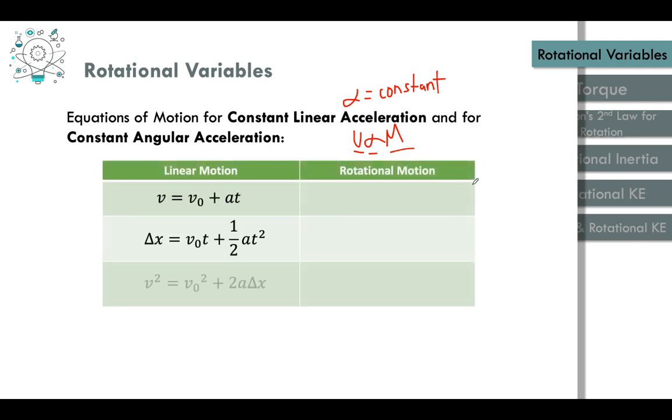On the AP exam formula sheet, you're given these 3 equations. They're written slightly differently. You're also given those same 3 equations in terms of the angular variables on the bottom left-hand side of the equation sheet. Okay, so if a is constant or alpha is constant, we use the big 4 equations in terms of our rotational variables.